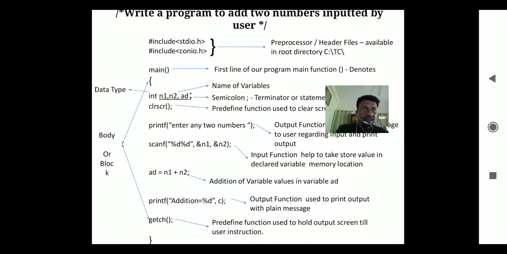Here our program is addition of two numbers, so we prompt the user with a message on screen, that is enter any two numbers. The syntax of printf is printf, open bracket, double quotation mark. Double quotation marks are used to print the string. Whatever we put in double quotation marks is known as a string.